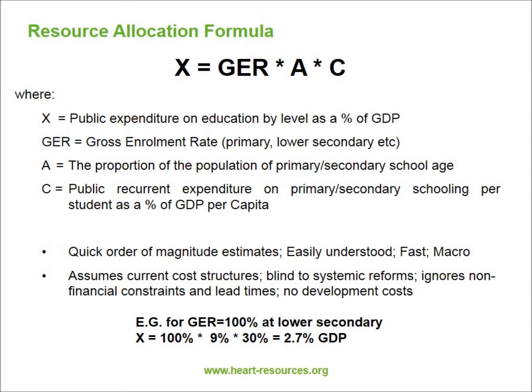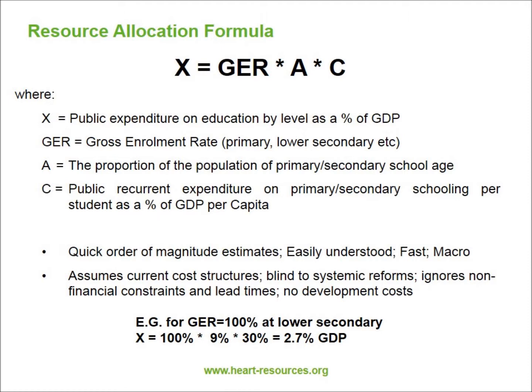To get down to the specific, there is a simple equation which is very useful. It relates the proportion of public expenditure on education as a percent of GDP to the gross enrollment rate, to the proportion of children of school age in the population, and to the public recurrent cost per child of delivering primary or secondary schooling.